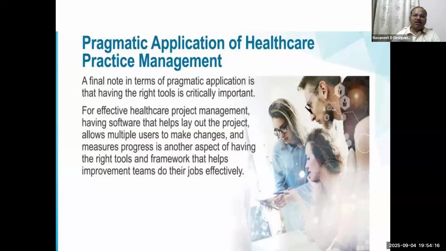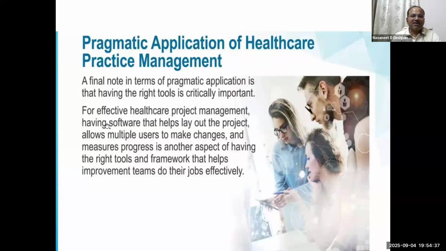The pragmatic approach needs knowing the right tools, which is very important. Agile came from total quality management in Japan, and waterfall we adopted from the construction and manufacturing sector.